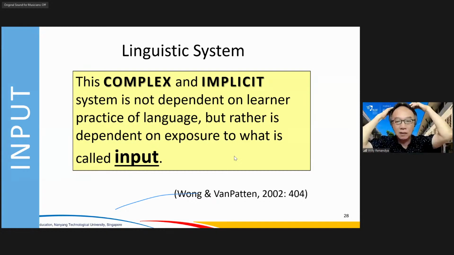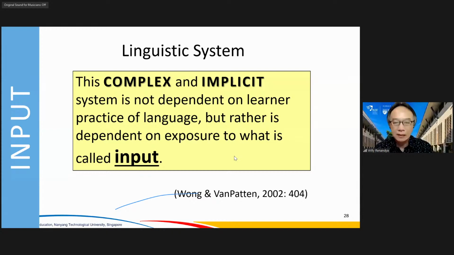Now, input is one of the most important sources of language development. So you start from 0 and you start building, you start accumulating bits and pieces about the language, and then eventually you're able to build this new linguistic system in your head, the kind of linguistic system that will allow you to use the language for whatever purposes.